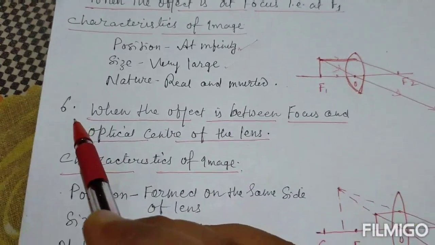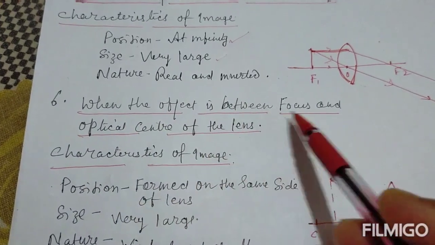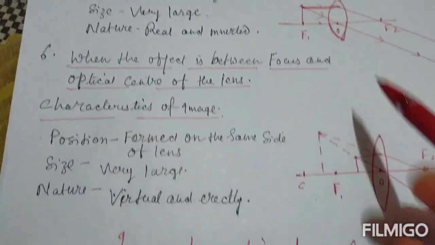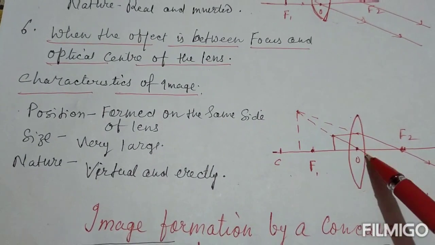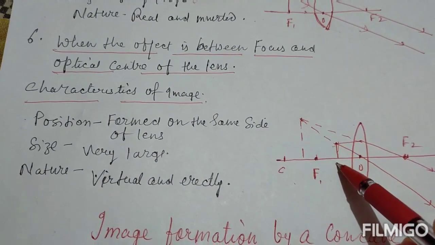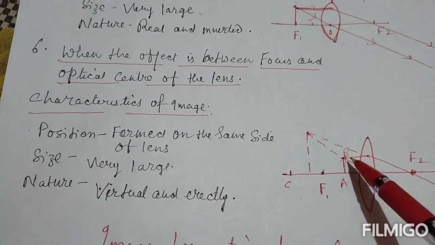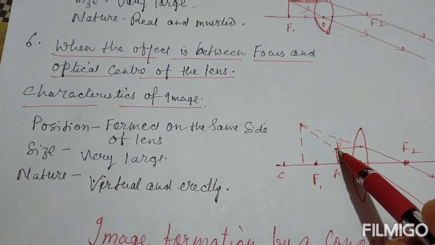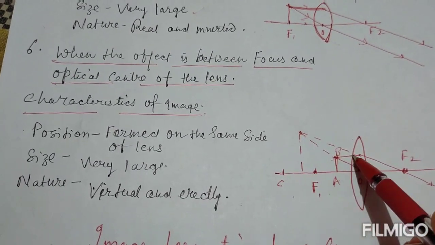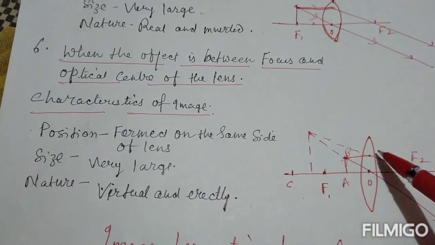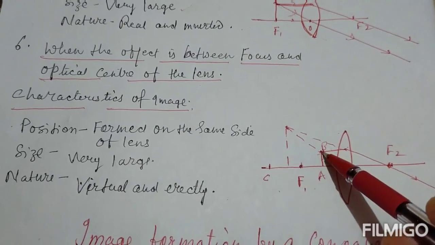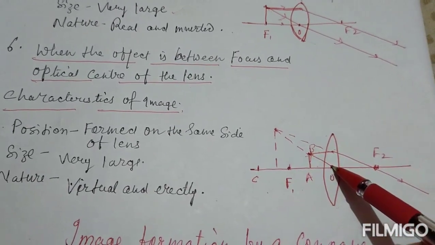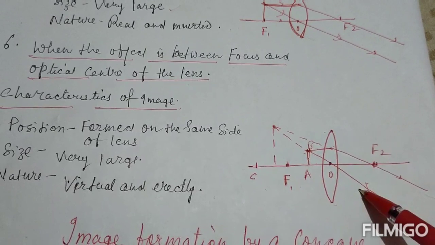And next is when the object is between focus and optical center of the lens. This is the lens, this is focus, this is optical center, this is the object, that is AB is the object. So using the rules, the ray coming parallel to the principal axis, after refraction passes through the focus. Second, the ray passing through the optical center will pass undeviatedly.